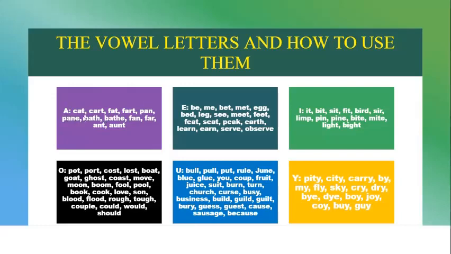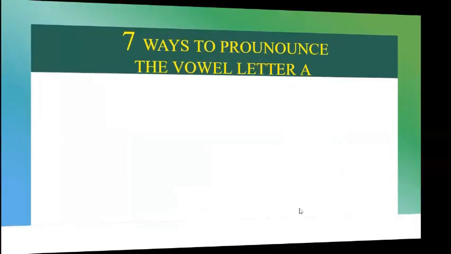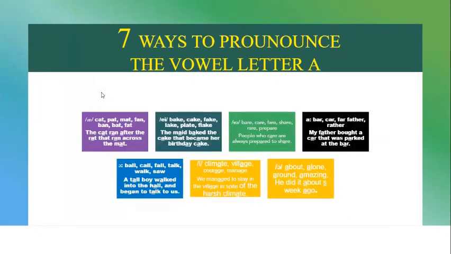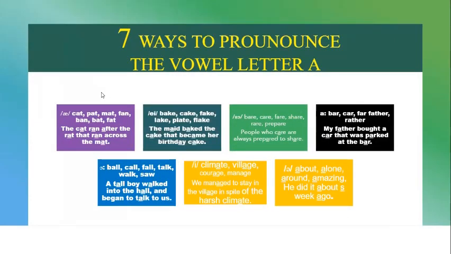So we have A, E, I, O, U, and of course the additional Y. But today we want to look at 7 ways to pronounce the vowel letter A. As I earlier mentioned, we are going to look at other vowel letters one by one. But today we want to look at the vowel letter A, and then we look at the varieties of speech sounds that are derived from this vowel letter A.